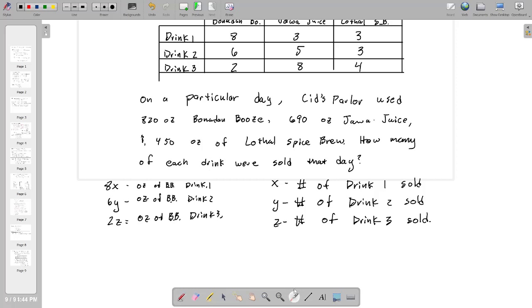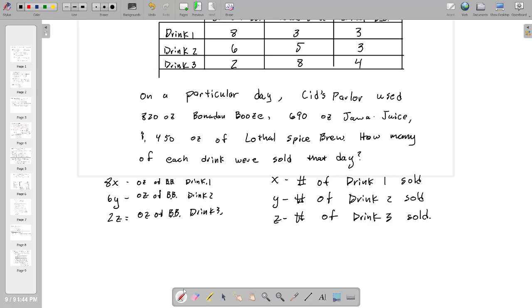Now notice, we used 820 total ounces of Bonnet & booze. So these 3 values should add up to 820. We do that for Java juice and Lothal spice brew because we have those amounts as well.